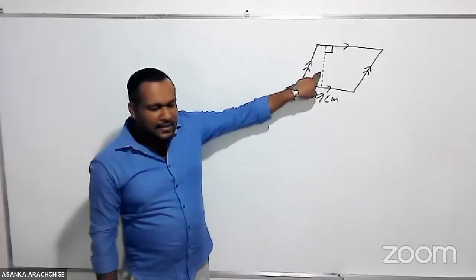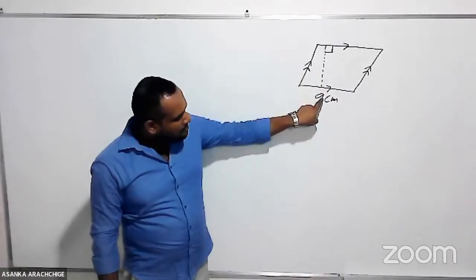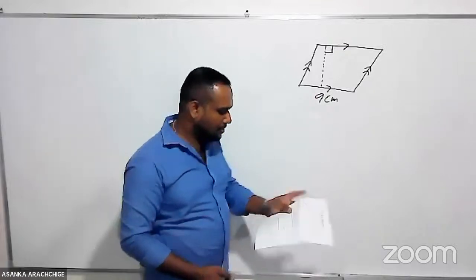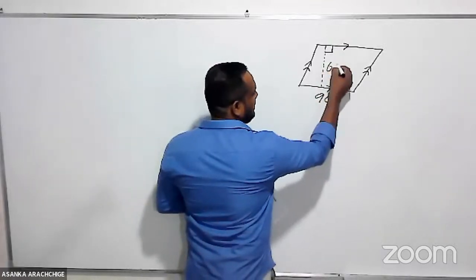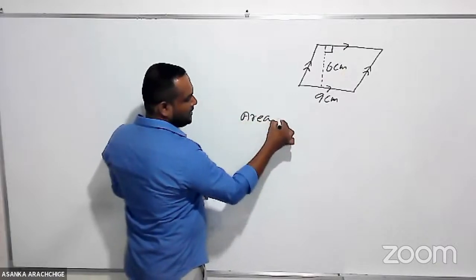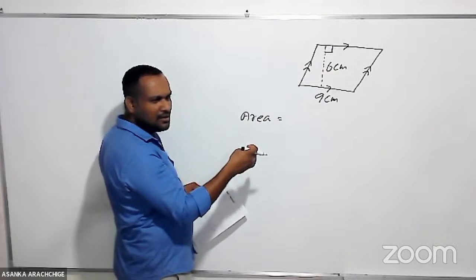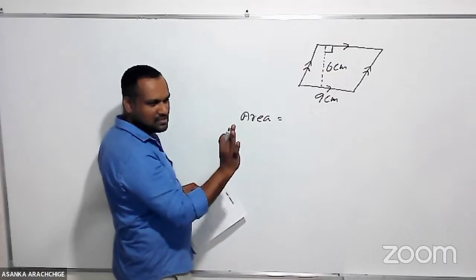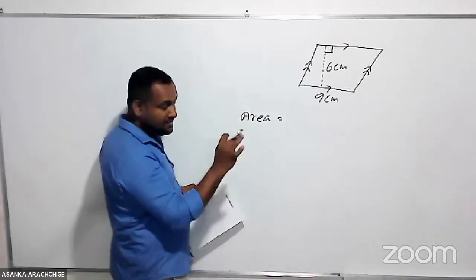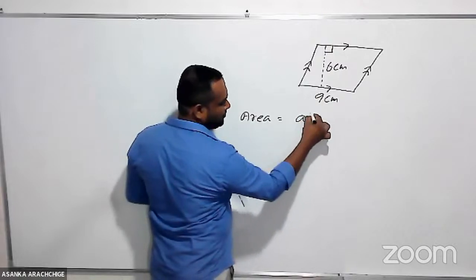Is this the perpendicular distance from this side to its opposite side? Yes. So we can find the area. What is the area? Area equals A into H. Does half come here? No halves, because half comes in a triangle. Area equals AH.